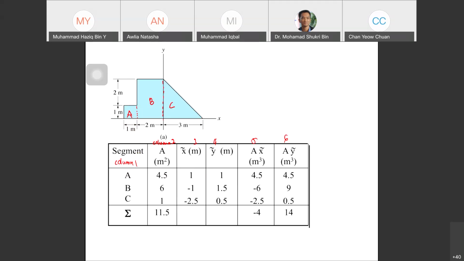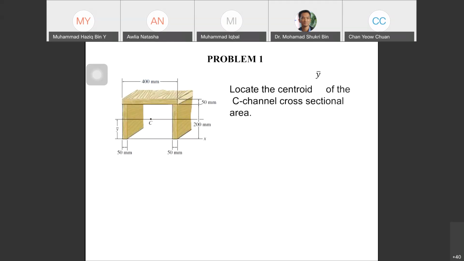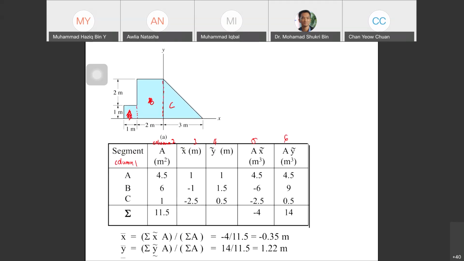Oh, it's reversed. Wait. This one is not A. This is A, this is B, and this is C. You can label based on your own, but this example has labeled it like this.